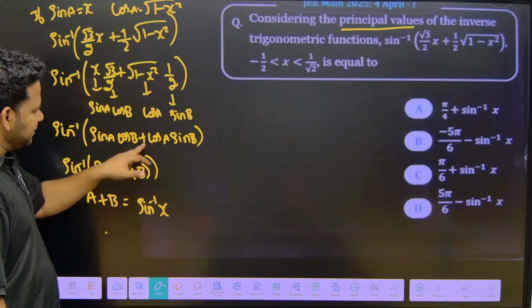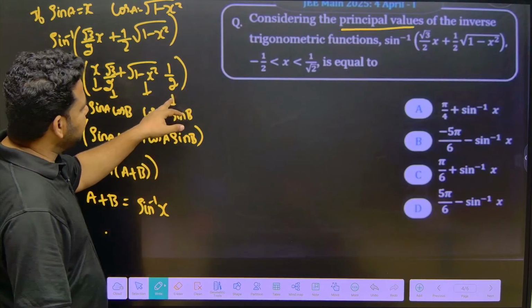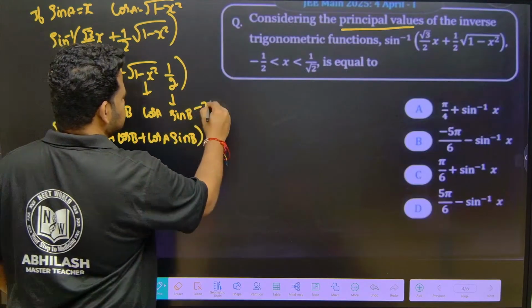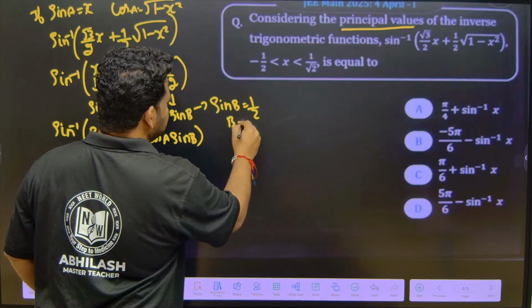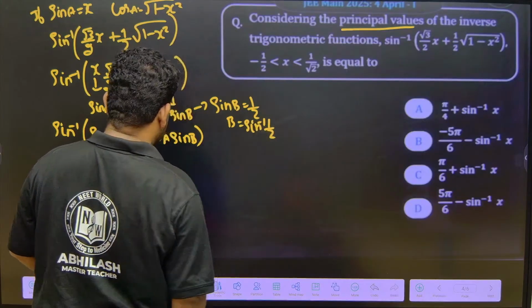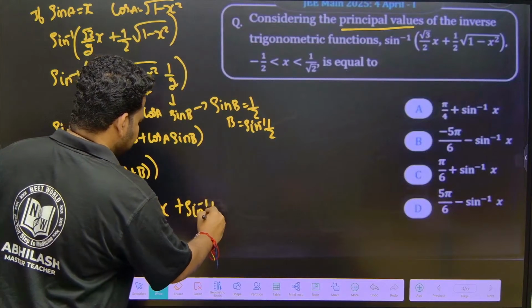We want the value of B. Sin B is equal to 1 by 2. Sin B is equal to 1 by 2 means B is equal to sin inverse of 1 by 2. So instead of B, I can write plus sin inverse of 1 by 2.